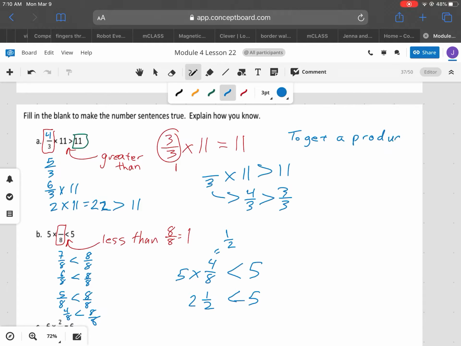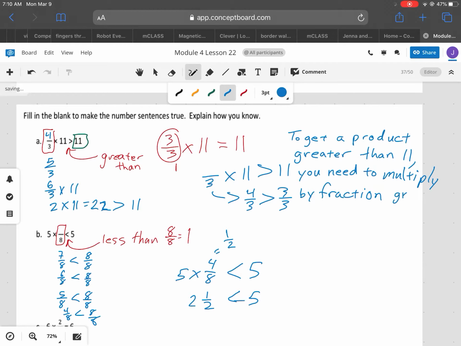To get a product greater than 11, you need to multiply by a fraction greater than 1 or 3/3, which is the same.